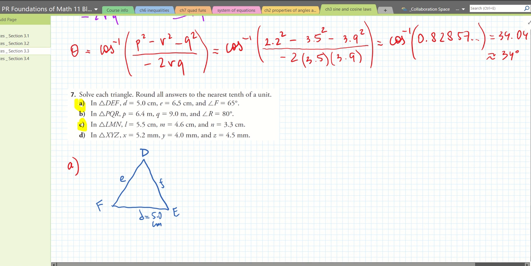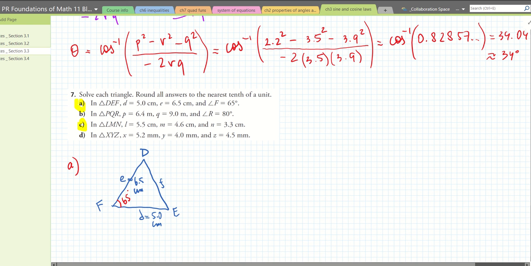I'm given side E is 6.5, so E equals 6.5 centimeters. And angle F is 65, so I know that angle F is 65 degrees here. So I need to find side F, and I need to find angle E and D. Once you find E or D, then you can use 180 minus the other two to find the third one.